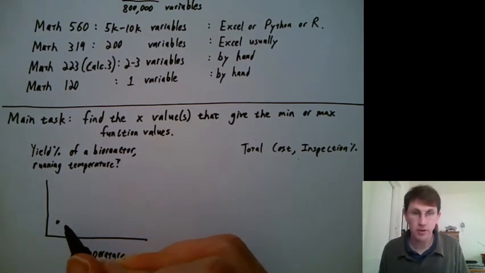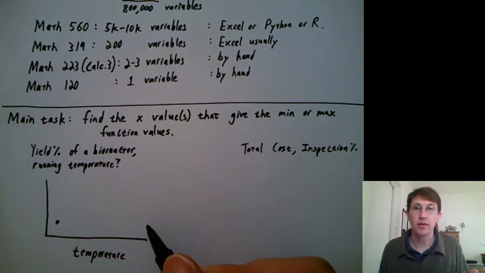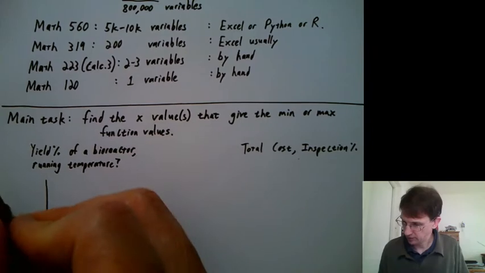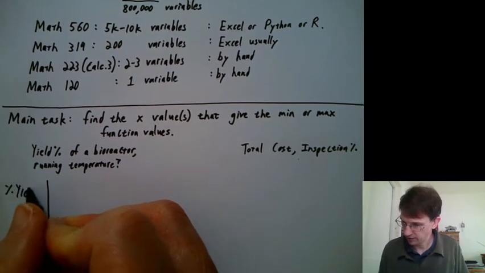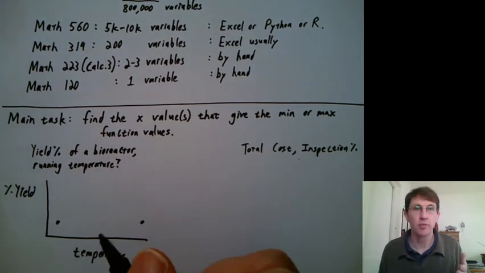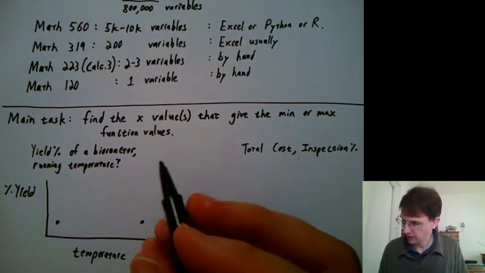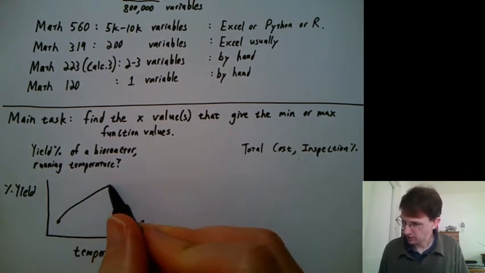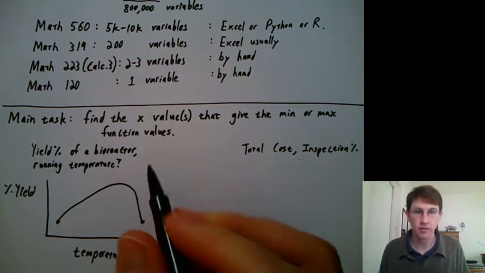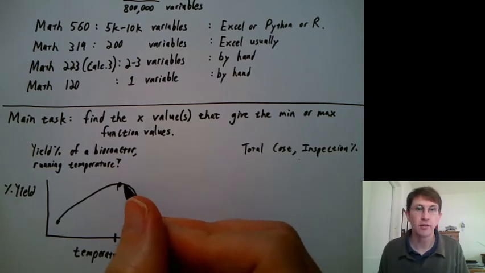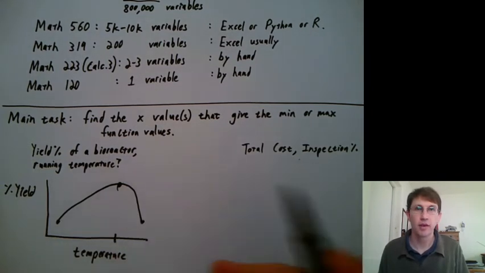So for low temperatures, you'd have a low yield. Also, if they're too warm, maybe they can't survive, and you'd have a low percent yield. So we put percent yield here. Percent yield is what percent of the total you should get out are you actually getting out. And so somewhere between those two, there might be a curve like that, and we're looking to find that x value that gives us the highest percent yield.